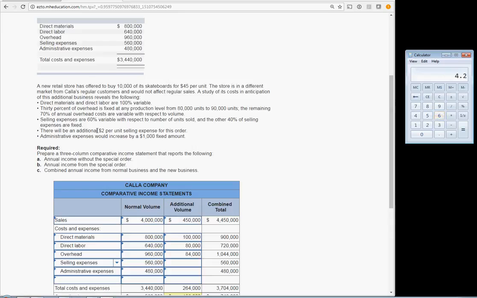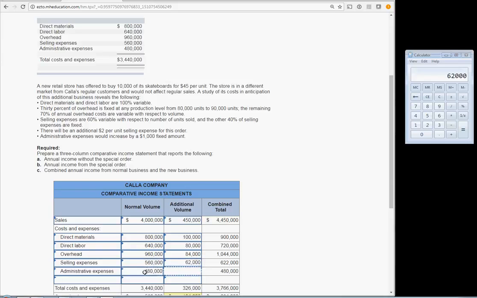However, it also says that there's going to be an additional $2 per unit selling expense. So the $4.20 is the variable piece of this, but then I need to add in that $2. So plus $2 gives me $6.20 times 10,000 to give me 62,000 in selling expenses.